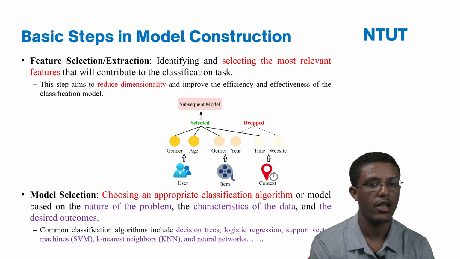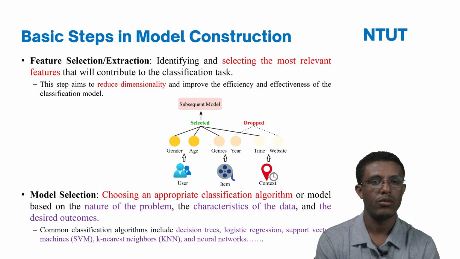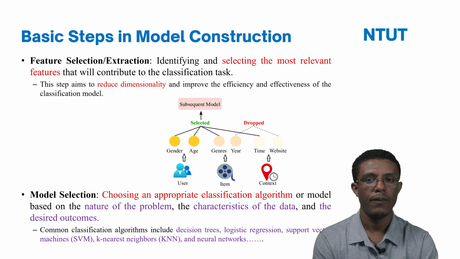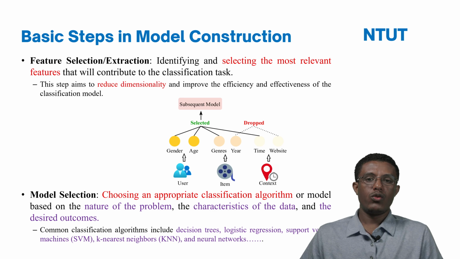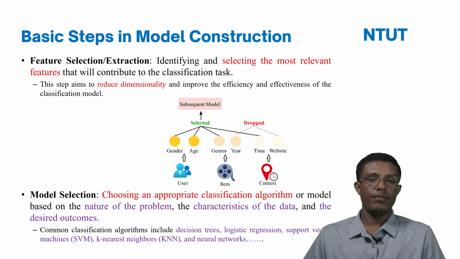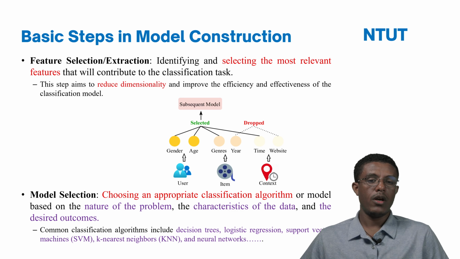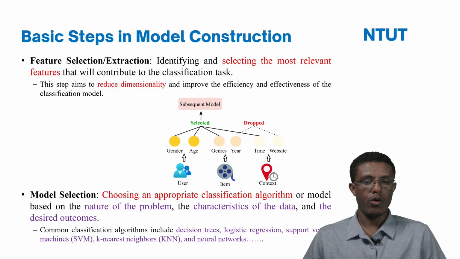We just select the most relevant features, which contribute to the classification task. This step aims to reduce dimensionality and improve the efficiency and effectiveness of the classification model. For this task, there are different algorithms for feature selection, like LDA or PCA.